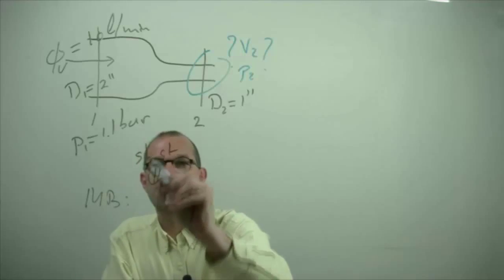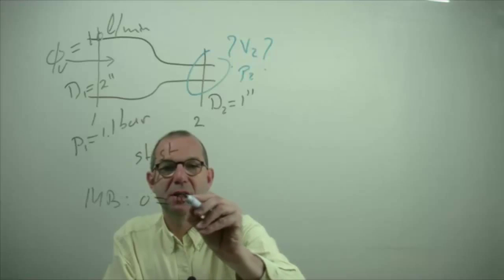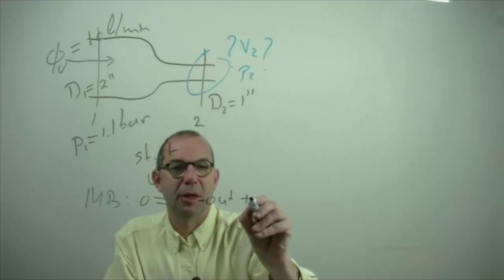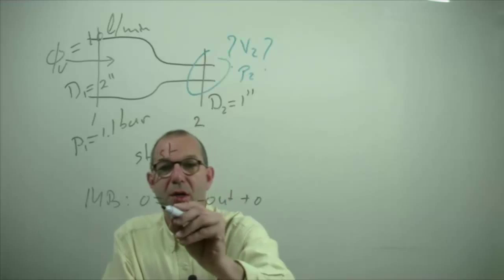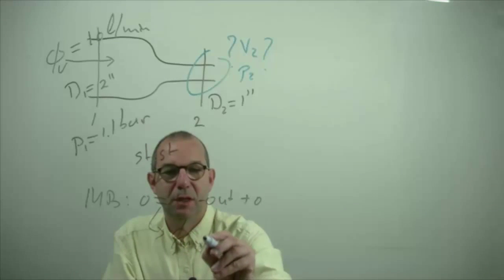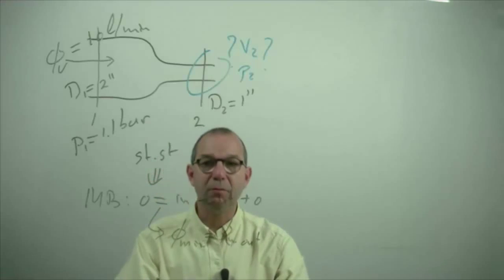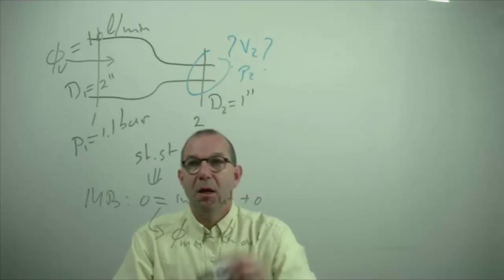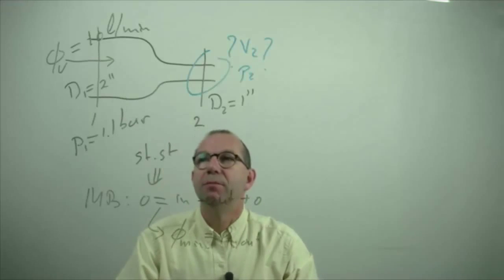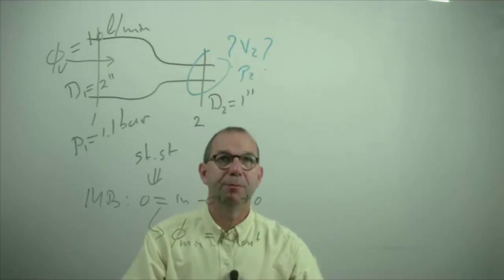Mass balance: read the volume between 1 and 2 as 0 is in minus out plus 0 as you don't produce water. So the flow rate in, the mass flowing in, equals the mass flowing out. From the inflow, where I know the volume, I can compute the inflowing velocity.